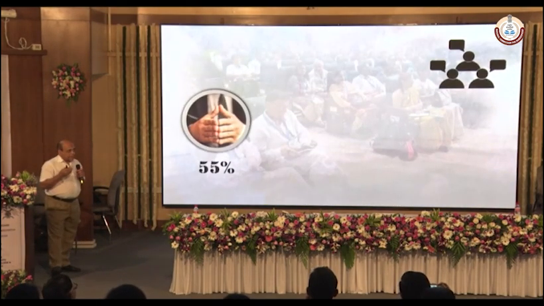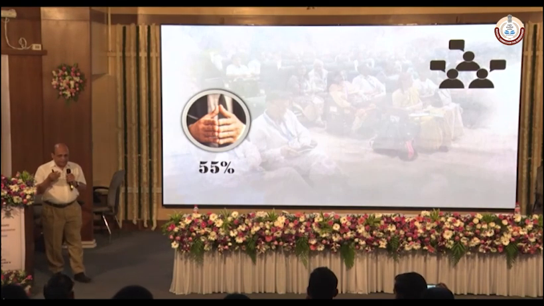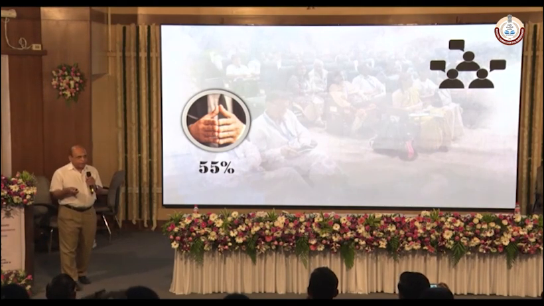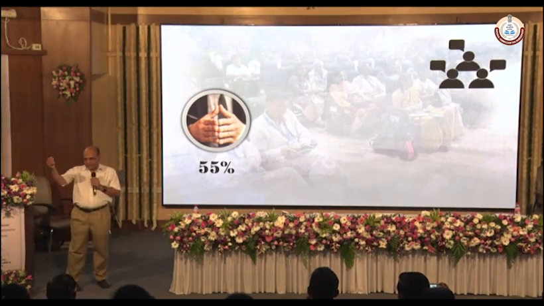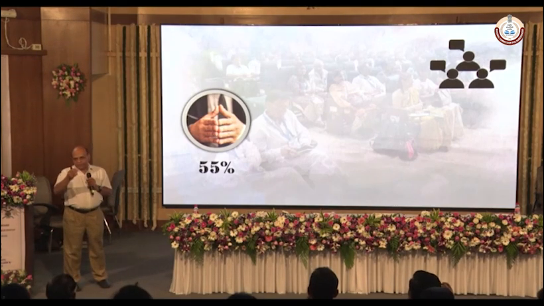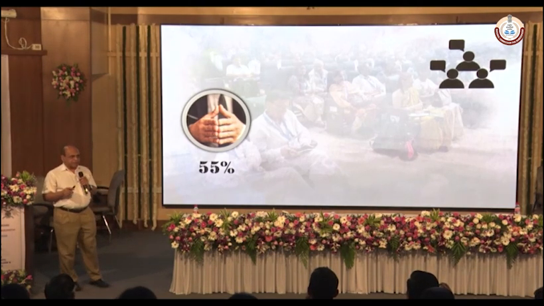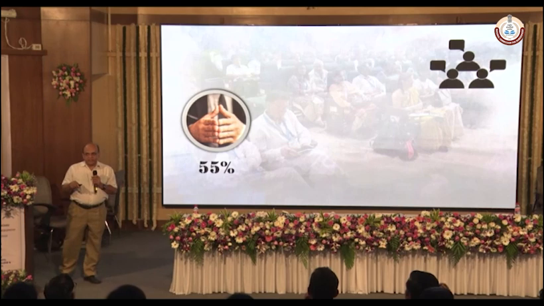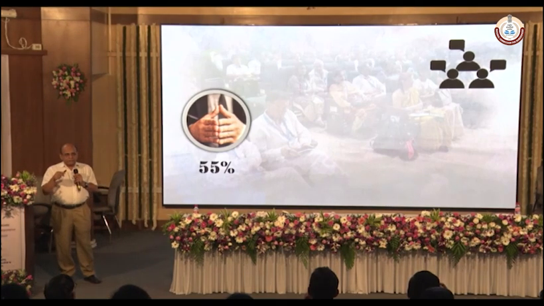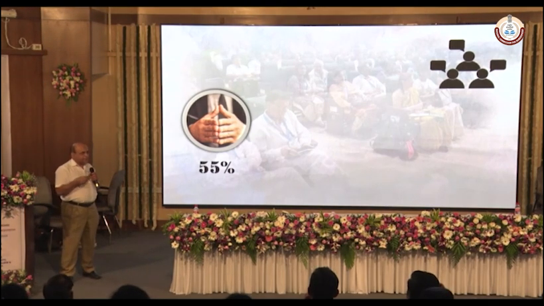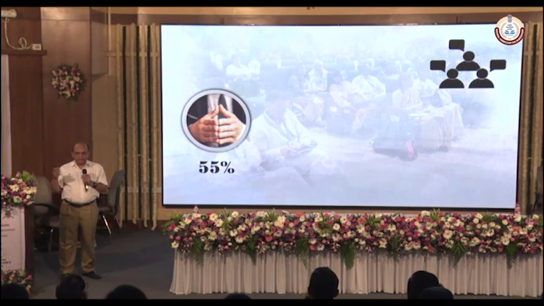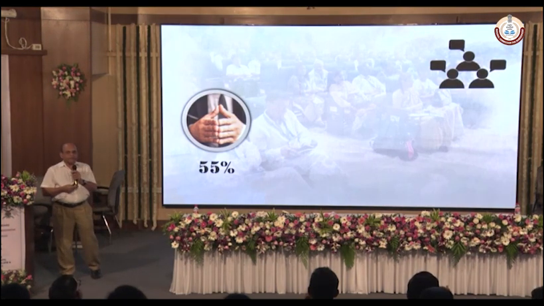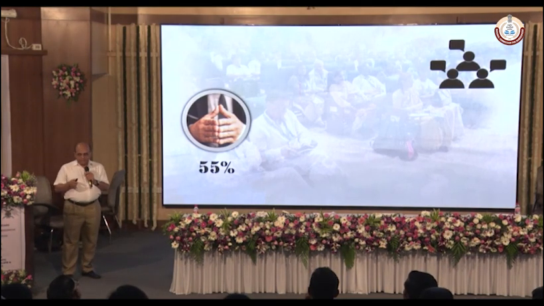In the context of communication, that is face-to-face communication, when you are discussing, when you are interacting with the students, with whomever, 55% of the influence is from the body language. The way we are, the way we create the environment, all these constitute about 55% success for the communication.